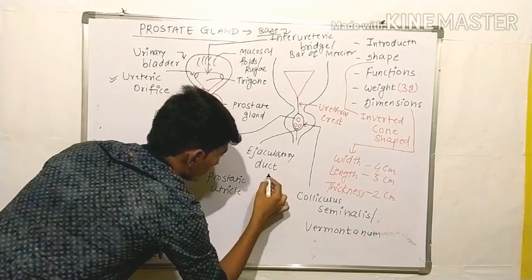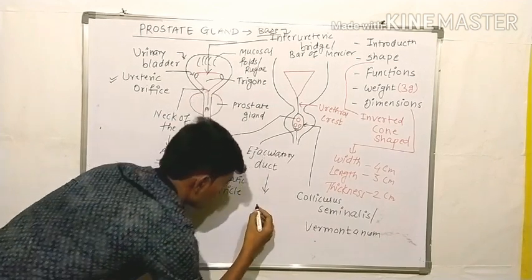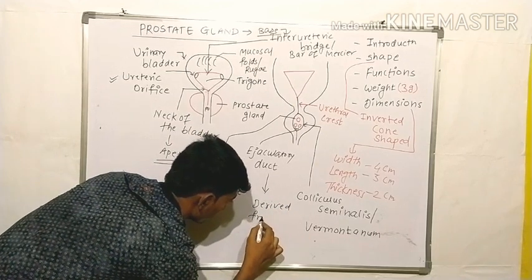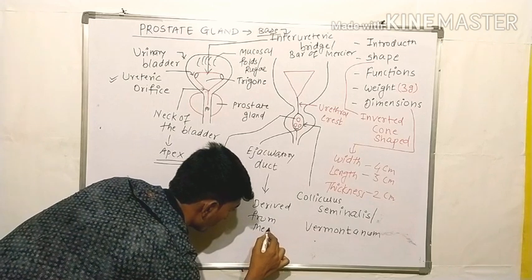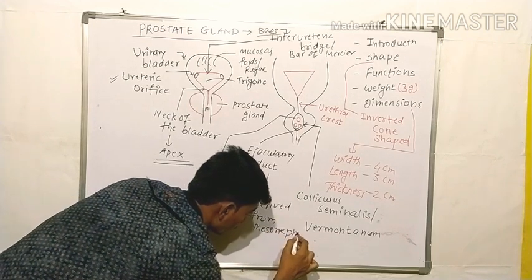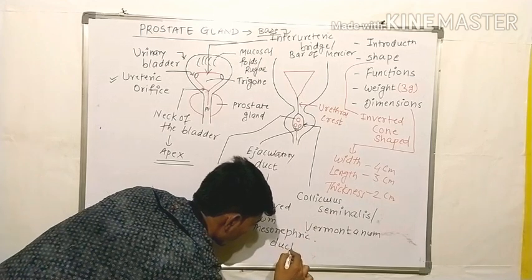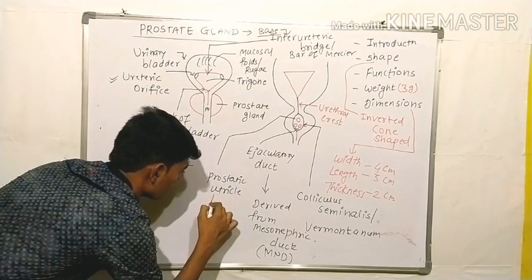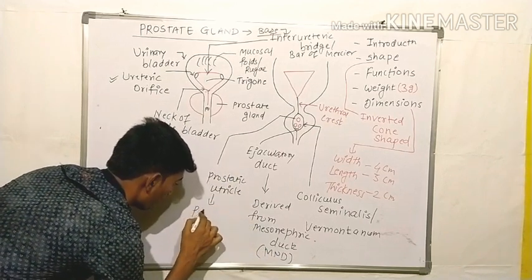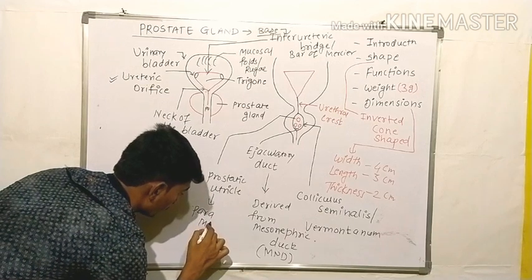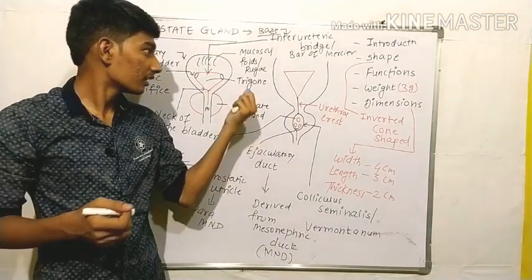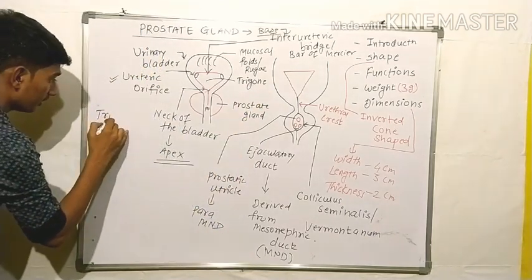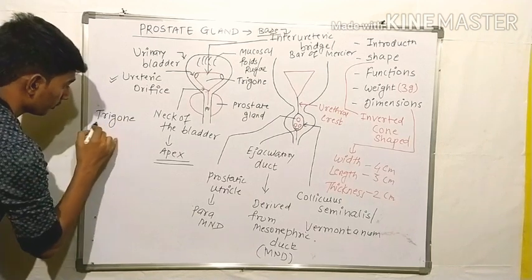This ejaculatory duct is derived from mesonephric duct, MND, and this prostatic utricle is derived from paramesonephric duct. Now, certain important points you need to remember about the trigone.